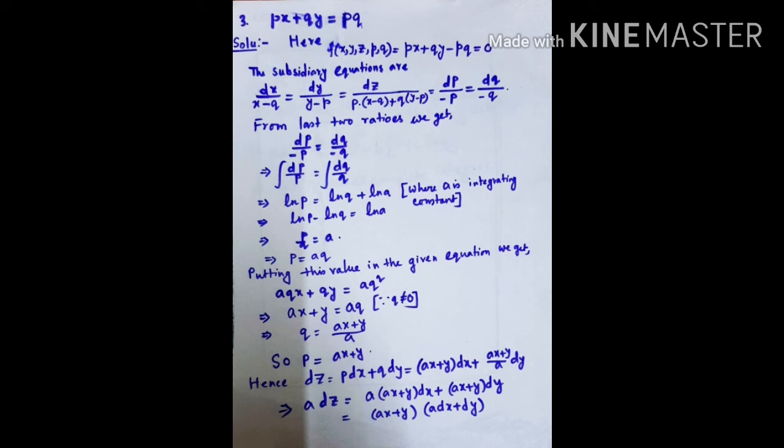Now we discuss exercise number 3. Here the question is px plus qy is equal to pq, which is also a non-linear partial differential equation of first order. So we solve it by Charpit's method. For this, we take small f of x, y, z, p, q is equal to px plus qy minus pq is equal to 0.